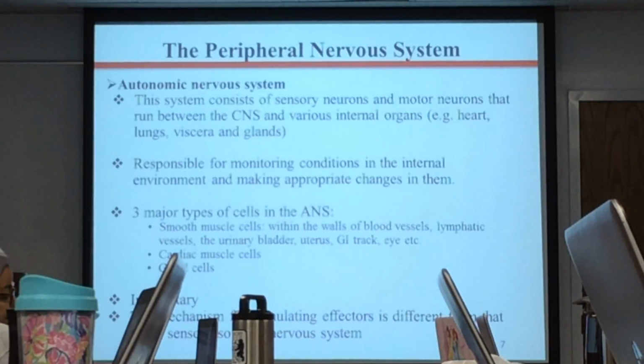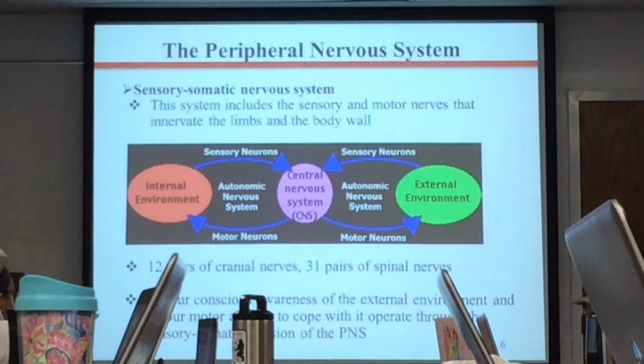The autonomic system also contains the sensory neurons and motor neurons, but the mechanism is different. We'll talk about it a little bit in the next few slides. So, if we go back to here, we have this voluntary movement, send information to the CNS, and the CNS sends the information back.